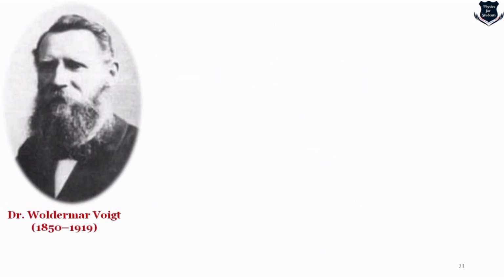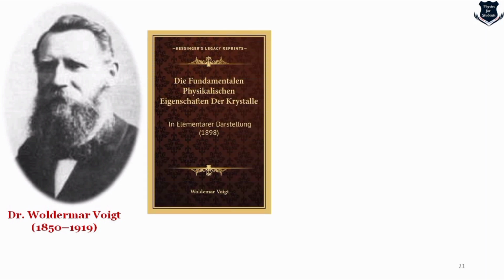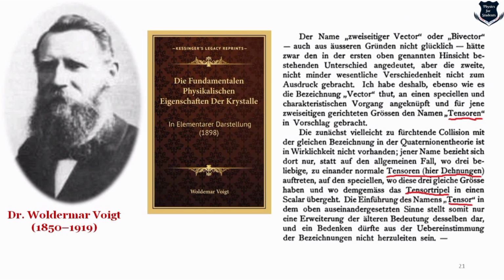Now, Dr. Woldemar Voigt also had a famous book, which is written in German as this. It means The Fundamental Physical Properties of Crystals, written by Dr. Woldemar Voigt in 1898. This is the German version of the book, and I have underlined where he used the word tensor.